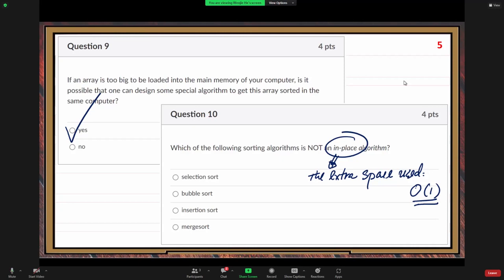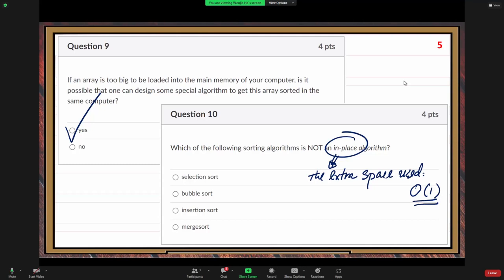It's not in place. That means most of them are in place, and only one is not in place. Here you can assume, if I do not say anything when I give you 4 options, by default there is only one correct answer.